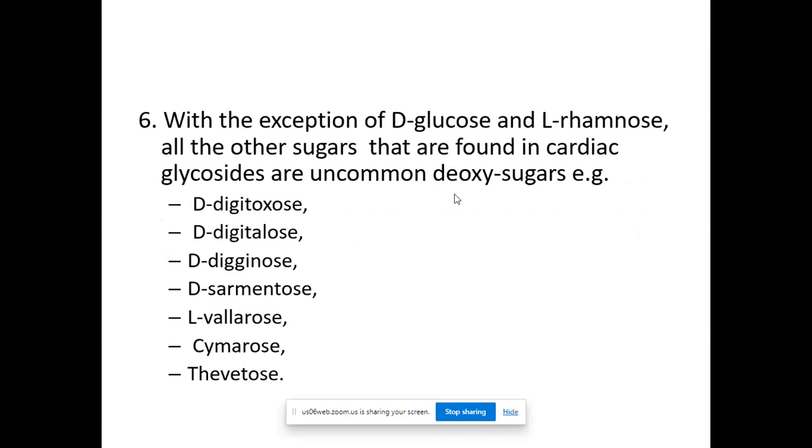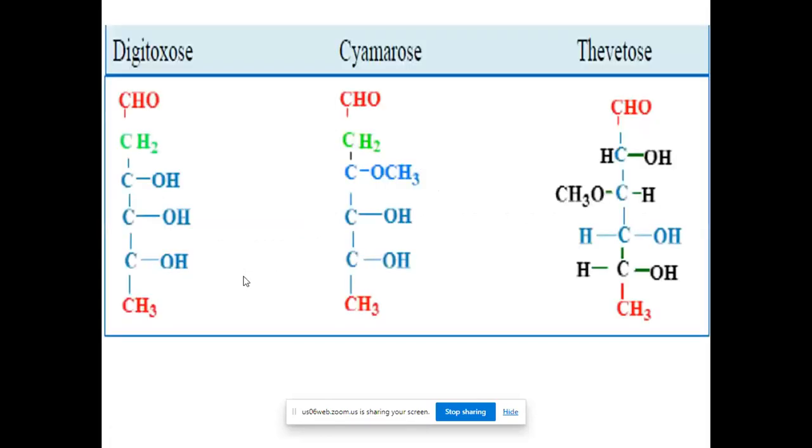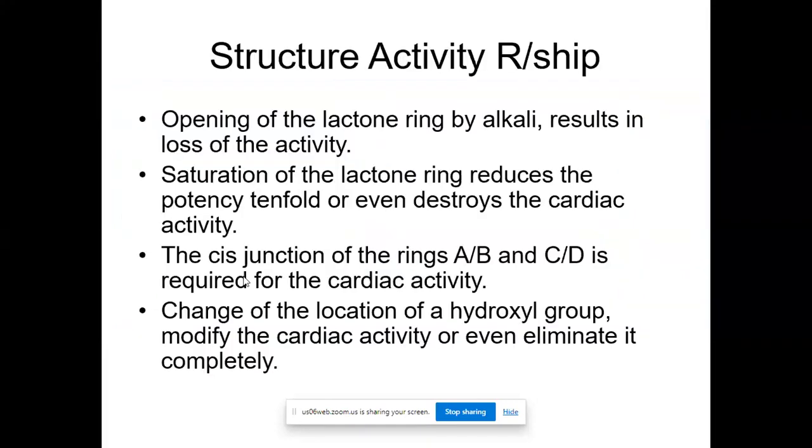A deoxysugar is a sugar whereby the hydroxyl group is replaced with a hydrogen atom. The examples are digitoxose, and these are the D sugars. So here are the structures, how the sugars look. And I think from here, Janet can take you through.